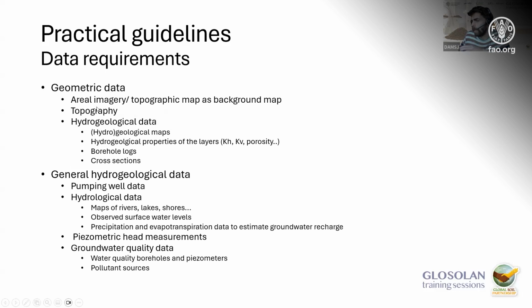You need aerial imagery or a topographic map, preferably as a background for your spatial allocation, where if you want to specify where your pollution is happening or where your river is situated, you want to find that information in the background of your model. Hydrogeological data, of course, and the layers as detailed as you can find them.